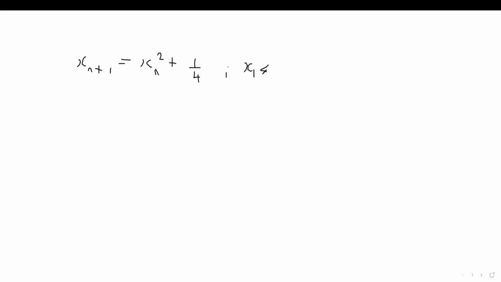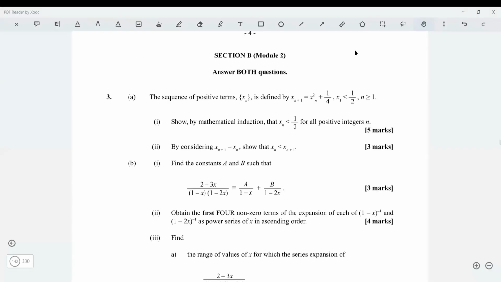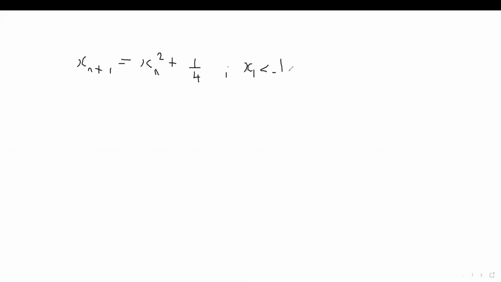Now they say show that xn is less than a half. So number one, from the question, x1 is less than a half, and therefore n equal 1 is true. Nothing really to do right there.